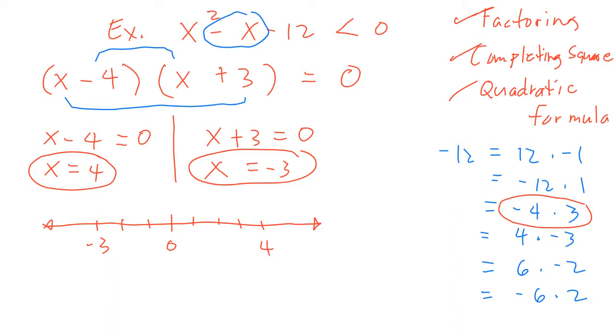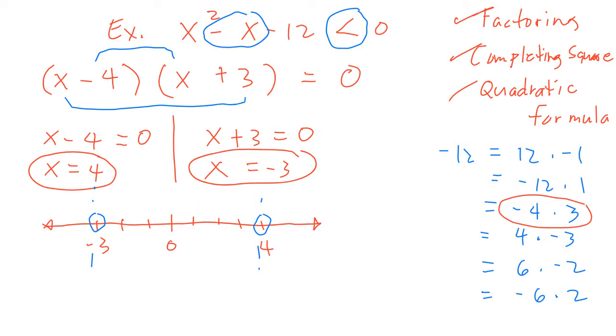And then we're looking at the symbol. The symbol now it's less than, so it means we have to use the empty circle. So empty circle here and empty circle here. So we divide actually the number line into three parts. So this is our three regions of the number line.